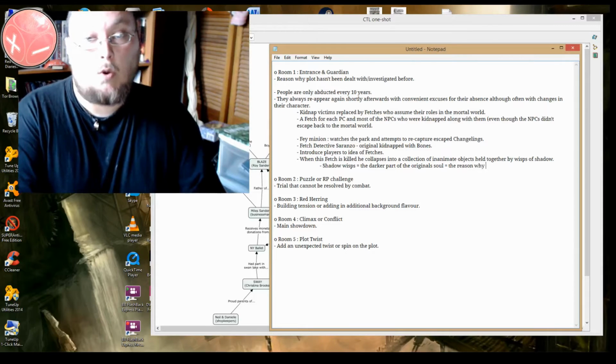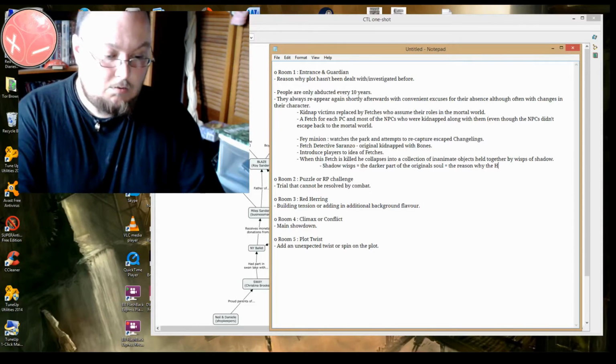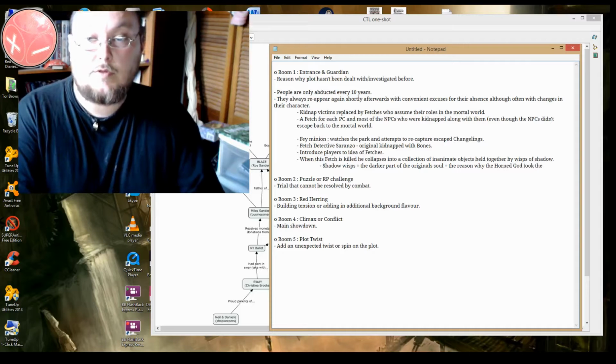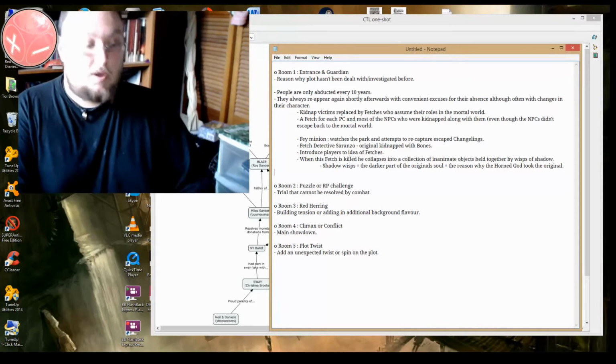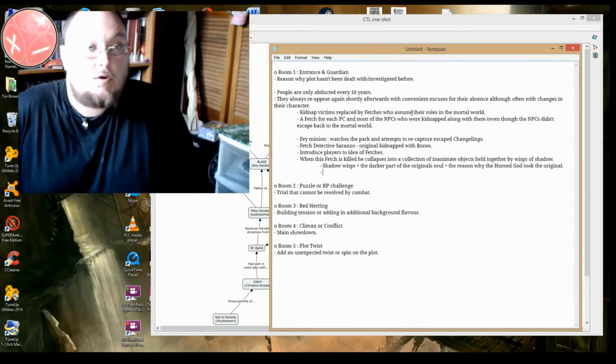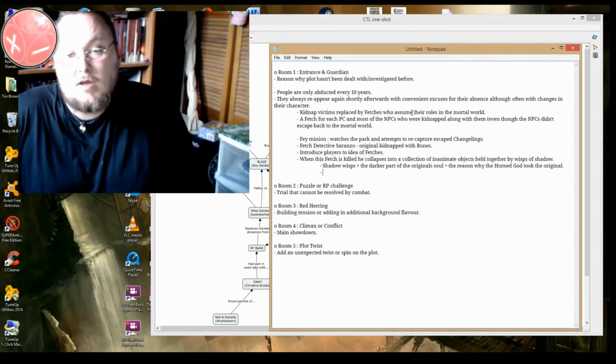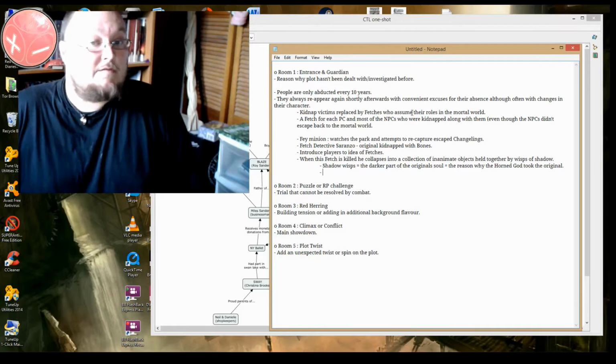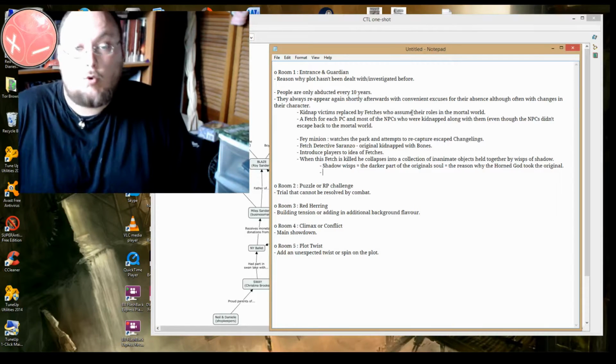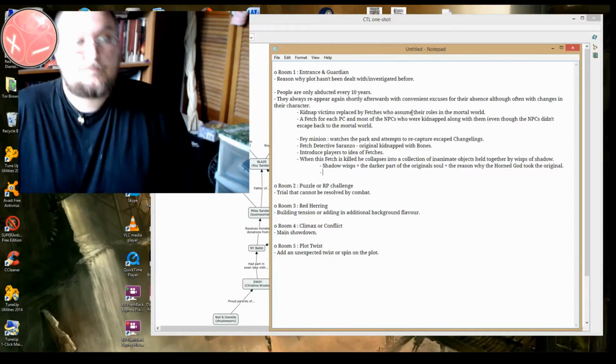The reason why the Horned God took the original. And this should hopefully give the player characters pause as to what their own fetches are composed of, and what darker parts of them led to the original Horned God taking them.